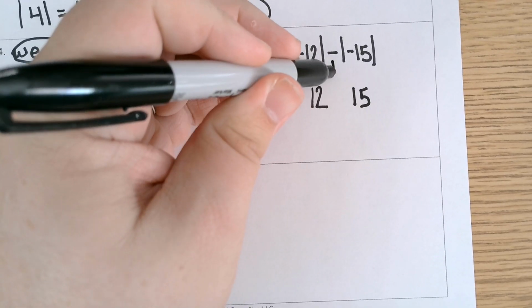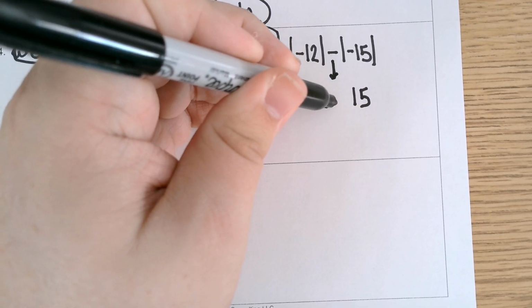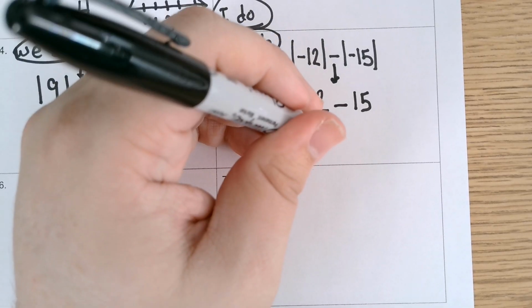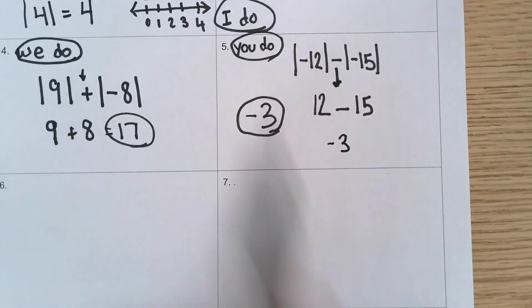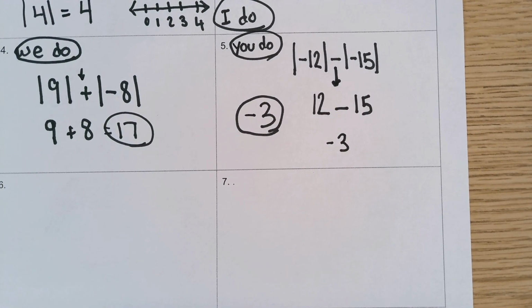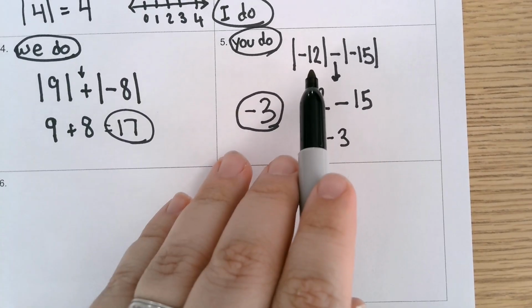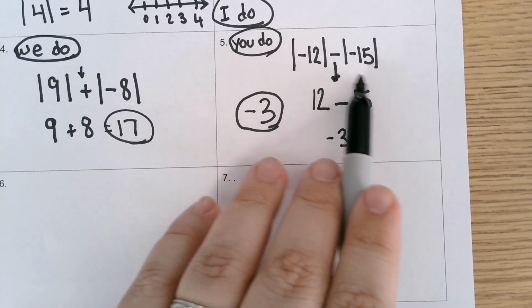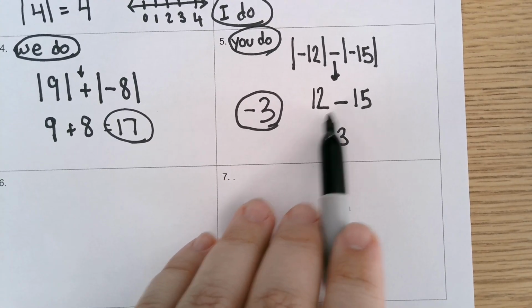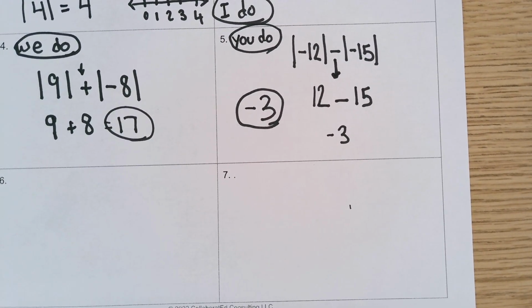And then our sign, our operation, just comes down. 12 minus 15. Now, when you get to the answer of negative 3, I know what you're thinking, Mr. Dietz. You said that absolute values are always positive. Yes, but this negative 3 is no longer in an absolute value. We took care of our absolute values already at the very beginning in step 1. So this is just 12 minus 15, which is negative 3. So that's the end of that.